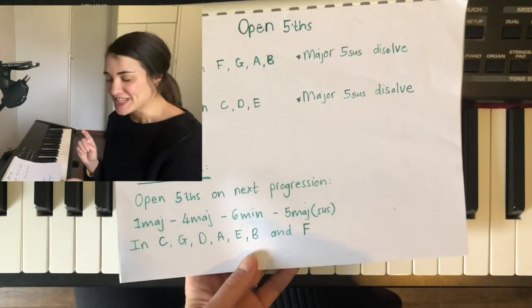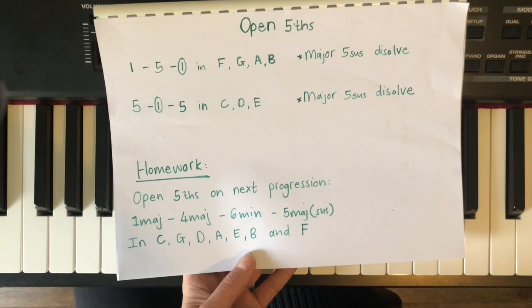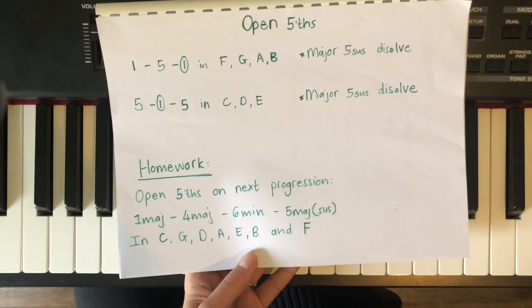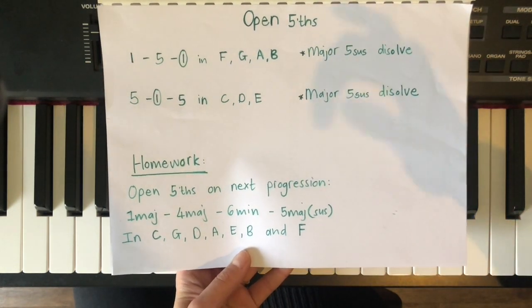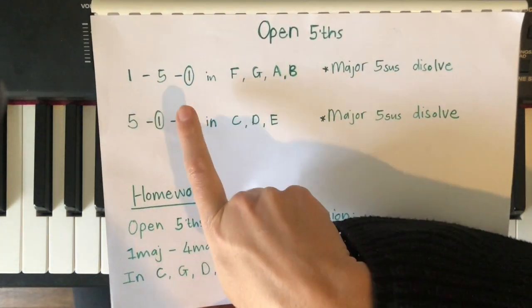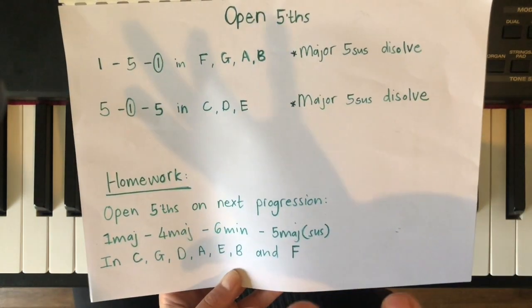What I've discovered is that sus, that's suspended on the 5th major, as I explained quickly now, that sus needs to dissolve or resolve. I'm always going to have the sus. If I play 1-5-1, I'm always going to have the sus on my pinky at the top.